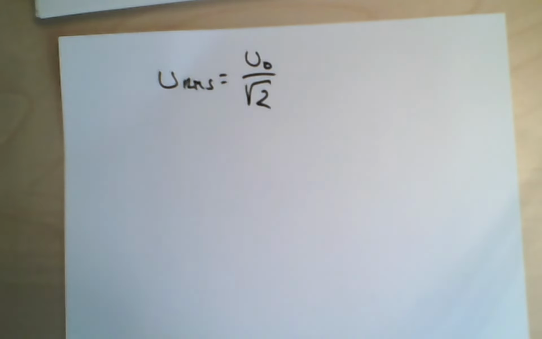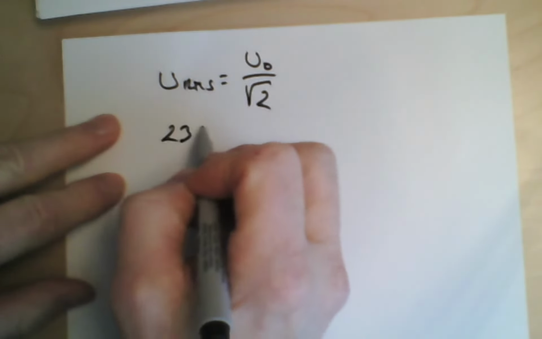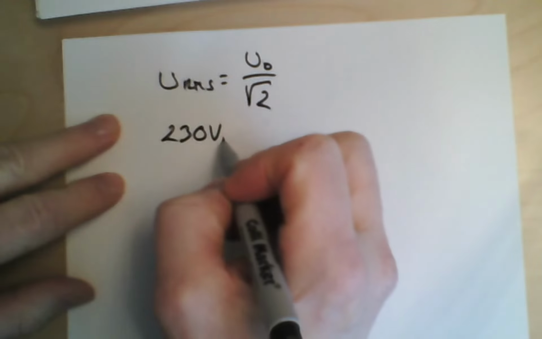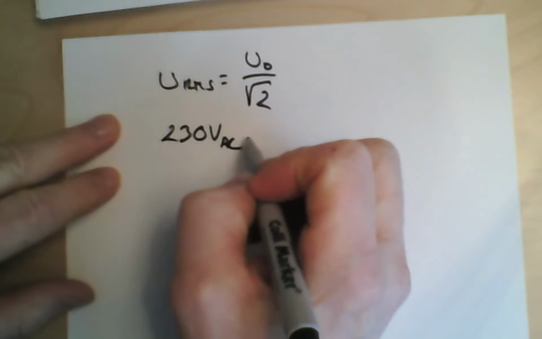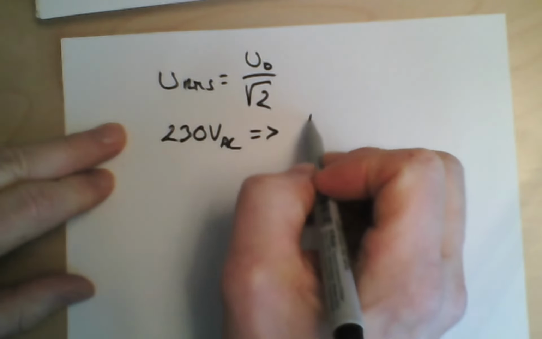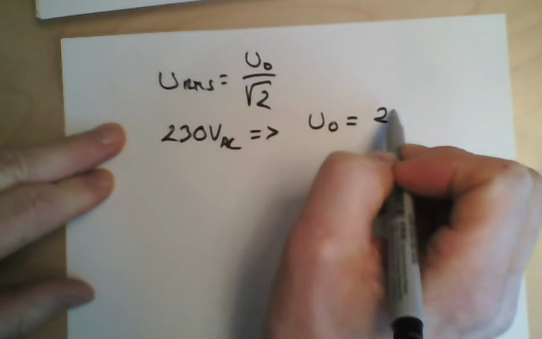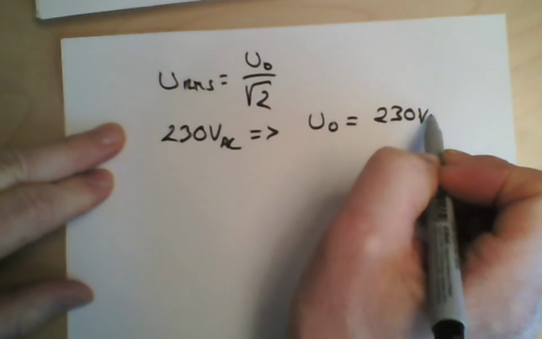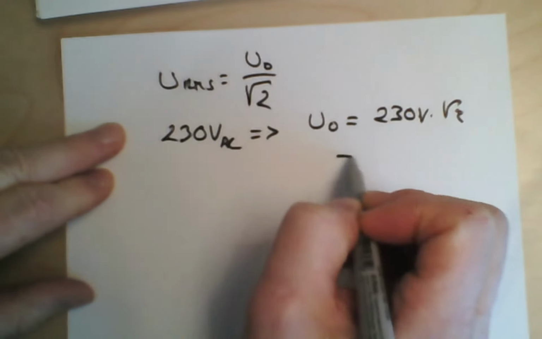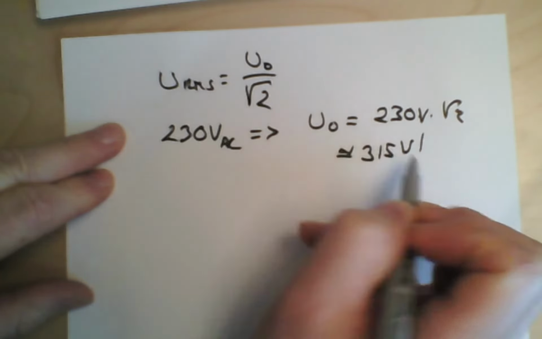Okay, where do you use this one? For example, at 230 volts AC, it actually means that it's RMS value. U0 for that one is actually 230 volts times square root of 2, roughly about 325 volts.